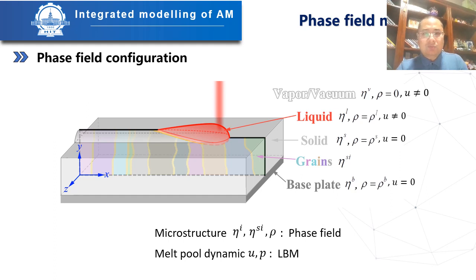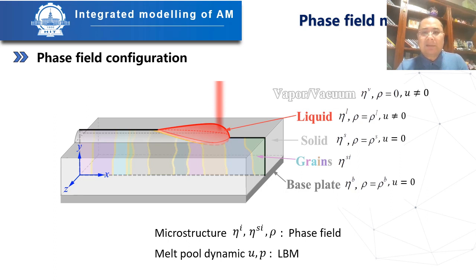In addition to these 4 phases, we've incorporated grain evolution, denoted by η_i, into our model. The conservation of metals is upheld through a conserved density field rho.